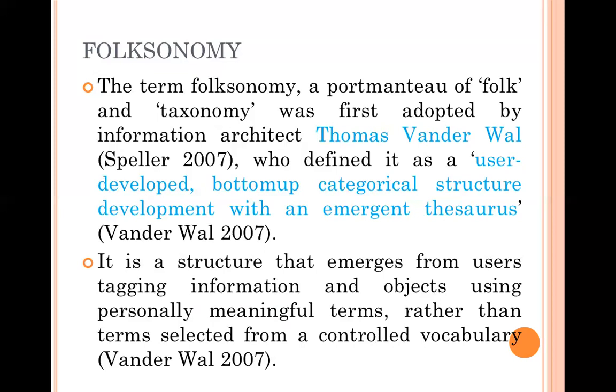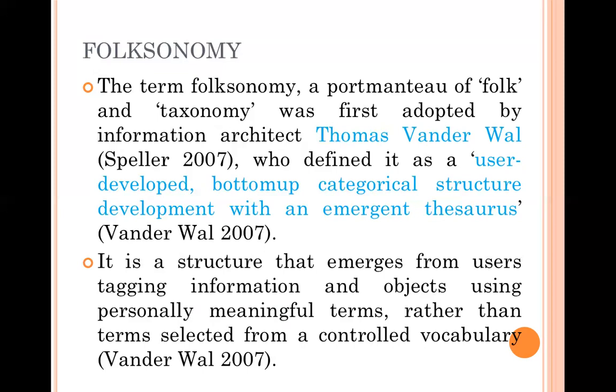It is user developed, and a bottom-up categorical structure development, because you are not creating a taxonomy and asking users to make use of it. Instead, it comes from the bottom. Users are throwing the keywords, you take all the keywords from users and you start building your own FOLKSONOMY. So it is a structure that emerges from users tagging information.